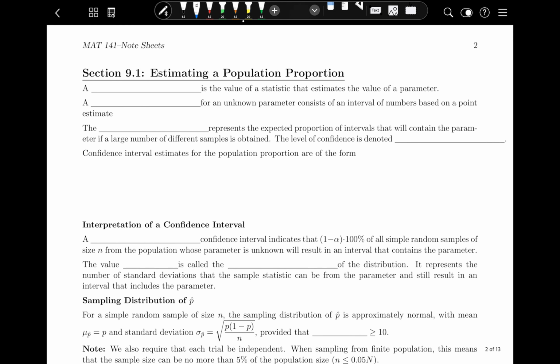So, estimating a population proportion. The first part of any confidence interval, when we're estimating it, is a point estimate. This is a single value of a statistic that estimates the value of a parameter. Things like x bar and p hat are good examples of point estimates.